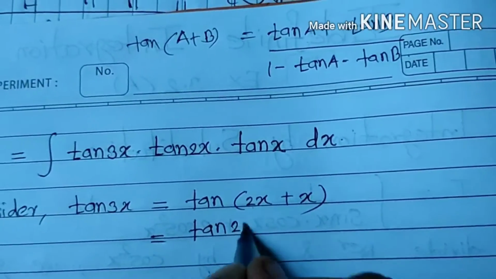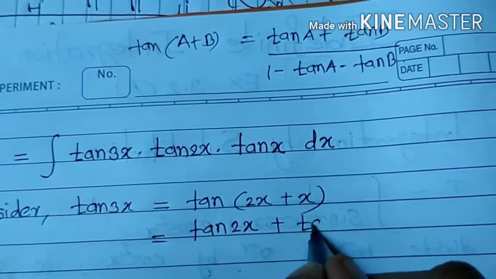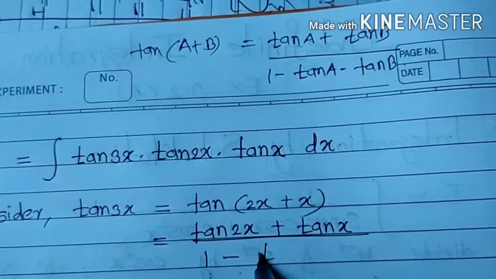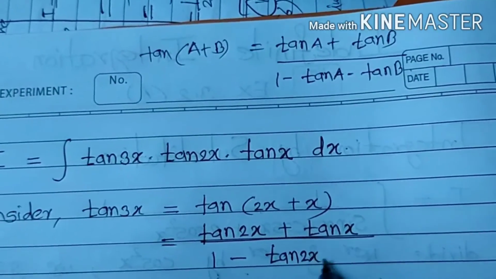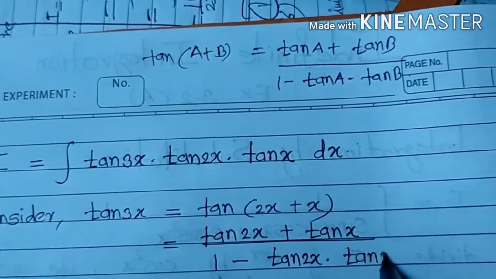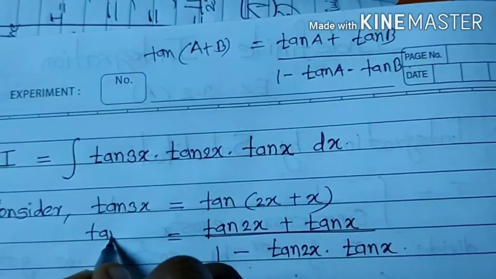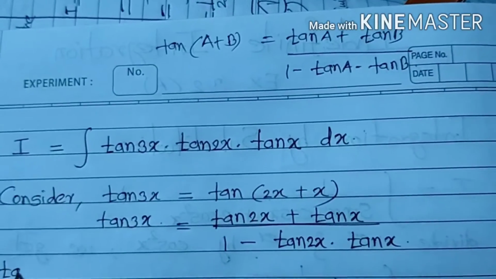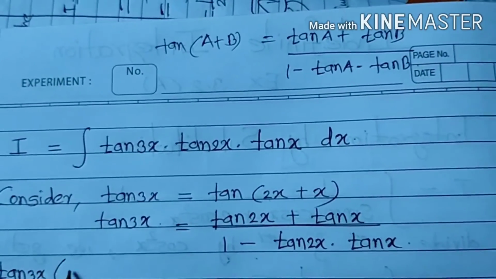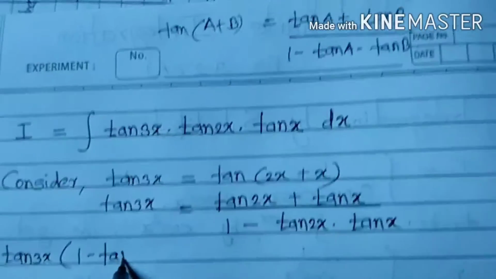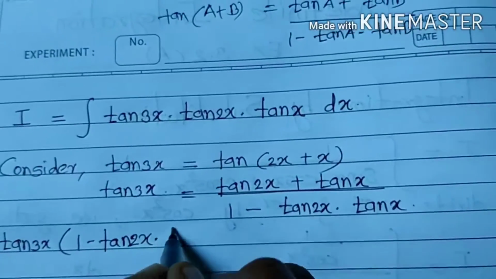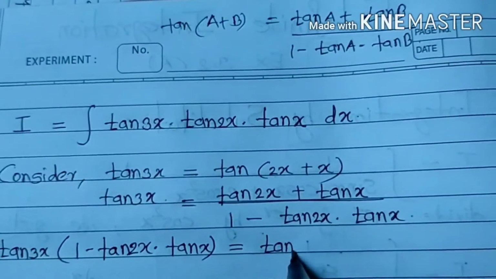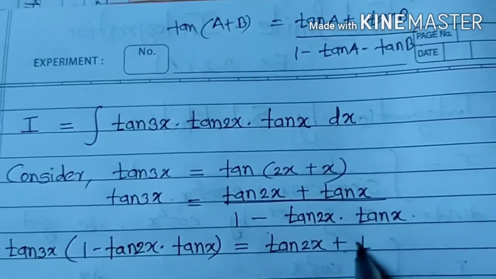Tan 3x is equal to tan 2x plus tan x upon 1 minus tan 2x into tan x. Now multiply this, so we get tan 3x into 1 minus tan 2x into tan x is equal to tan 2x plus tan x.